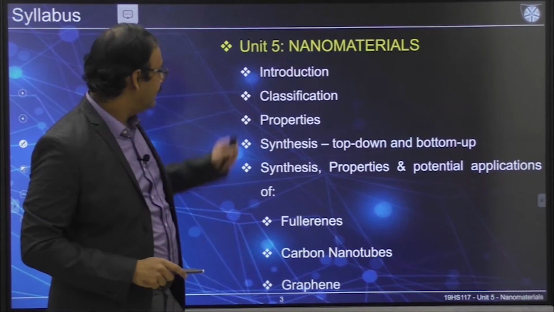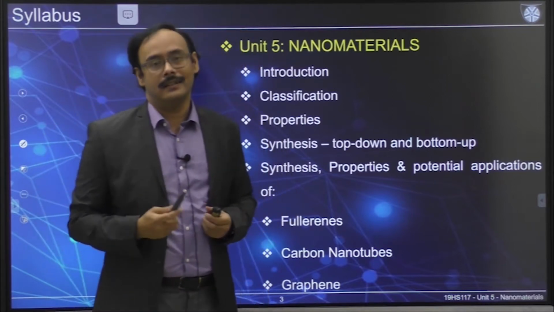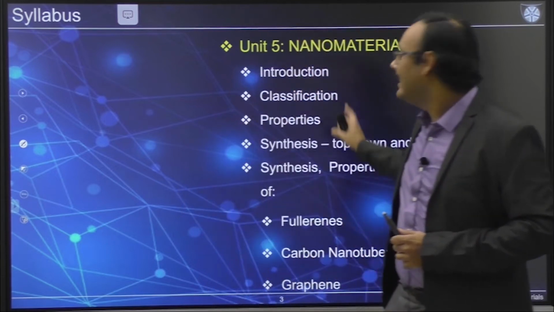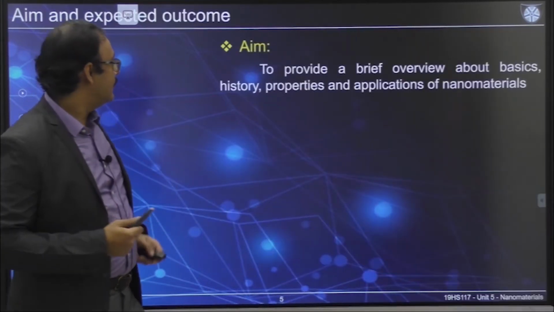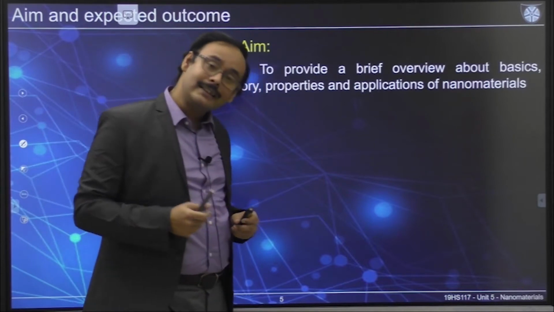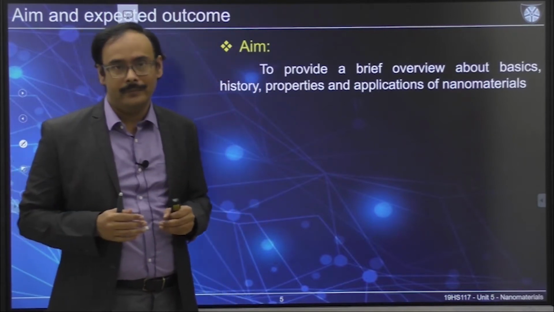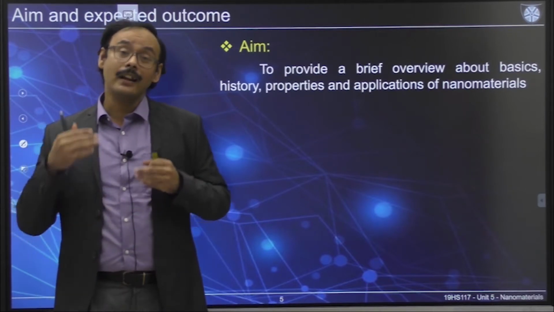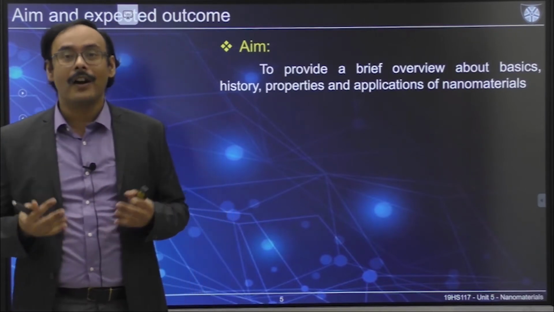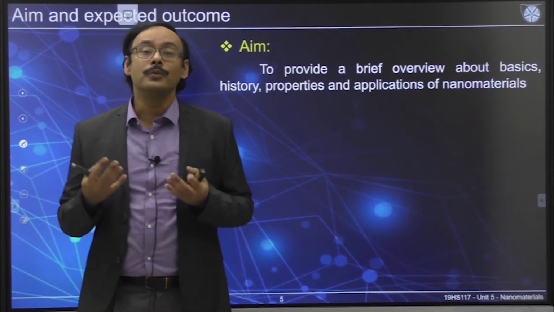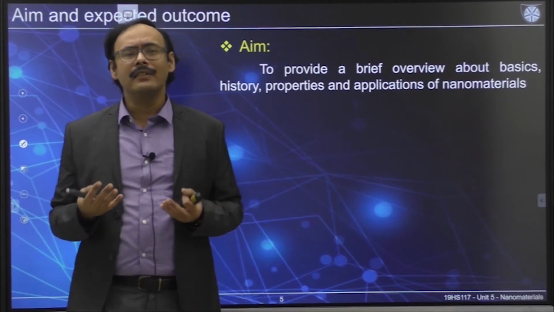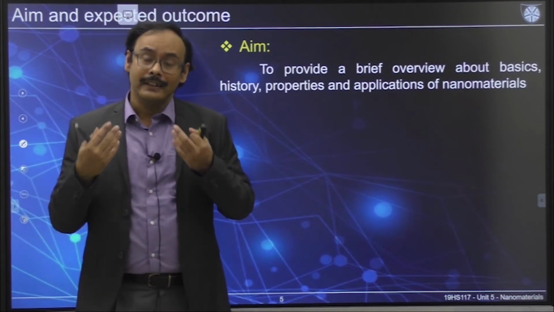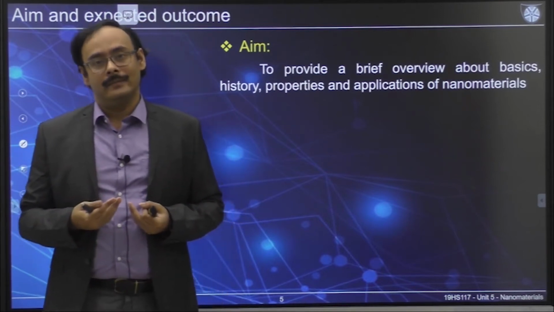The way I structured this topic is a bit different from what the heading says. We first need to understand what we are trying to achieve after reading this particular topic, because if I cannot convince you of the importance of this unit, then you may lose interest. You may think, why are we discussing this? Is it really necessary for you to understand nanomaterial?